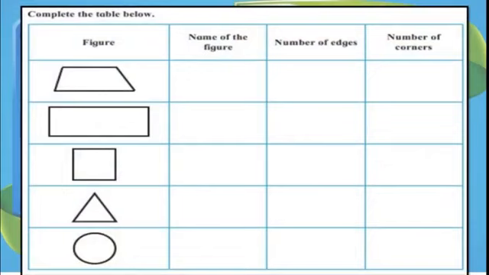Yes students, here you can see a table. Complete the table below. This is in your textbook on page number 3. Here you have to write the name of the figure. Then you have to count the number of edges and number of corners. I will do one for you. This is the quadrilateral and the edges it has 1, 2, 3, 4.